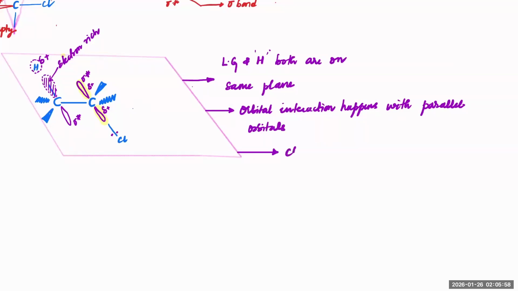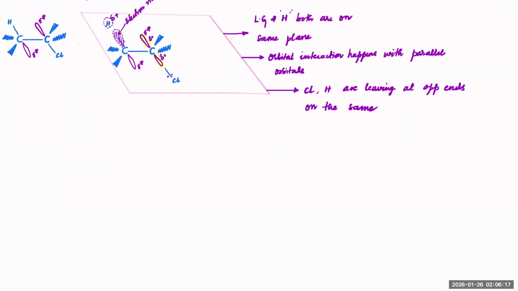And chlorine and hydrogen are leaving at opposite ends on the same plane, correct? They are leaving from opposite ends on the same plane.